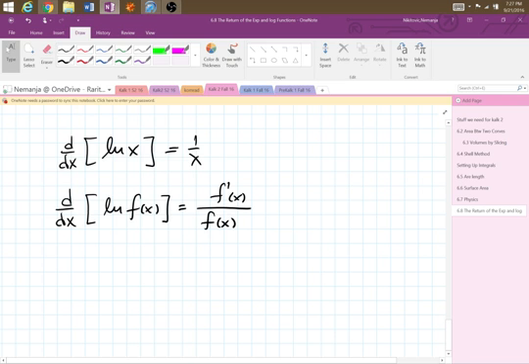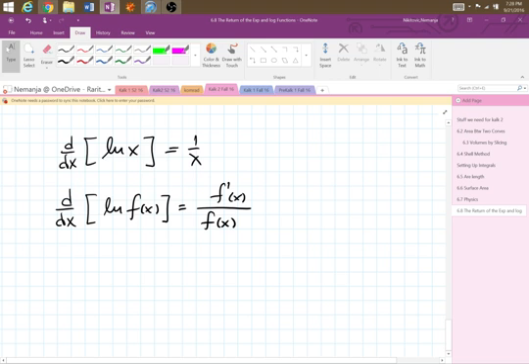So you see the progression, starting from the basic case into replacing x with a general f of x. So that could be ln of sine x, and you should be getting cotangent as the answer, right?